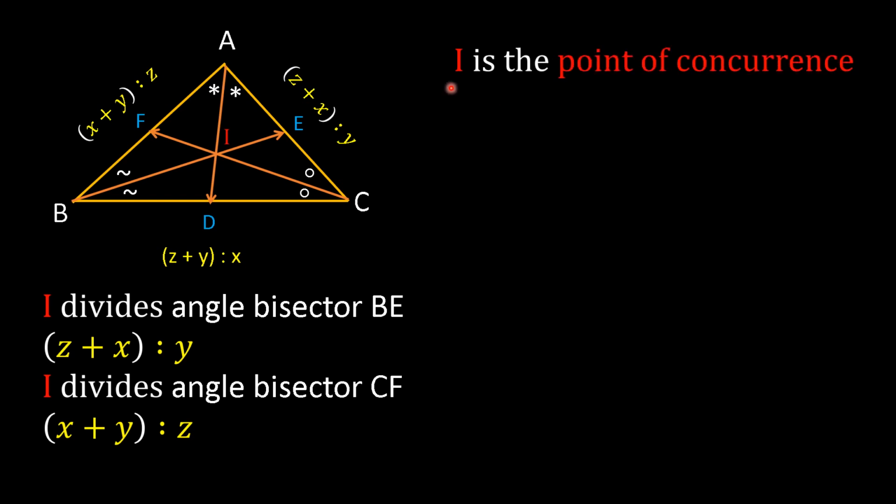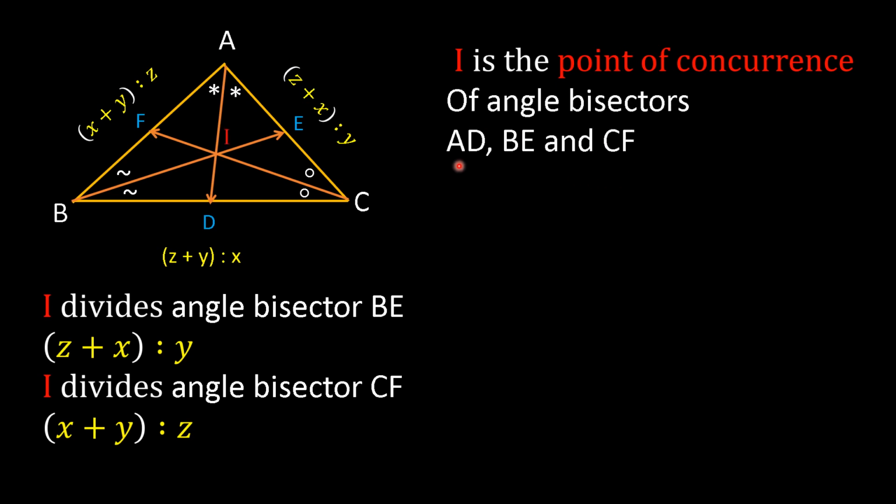Therefore, I is the point of concurrence of angle bisectors AD, BE and CF of triangle ABC.